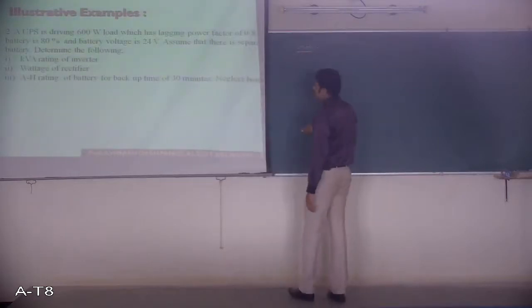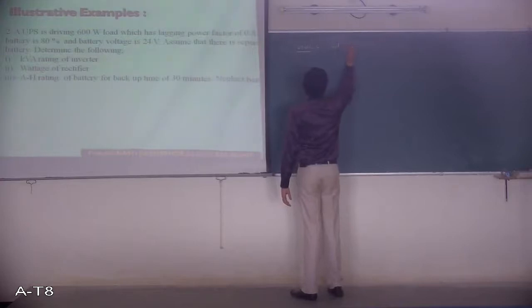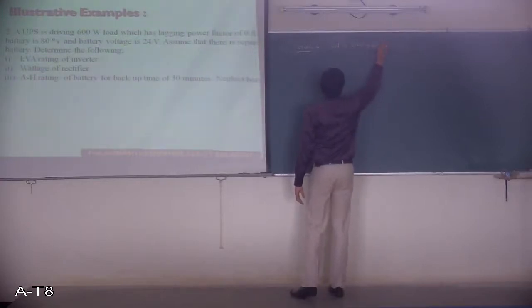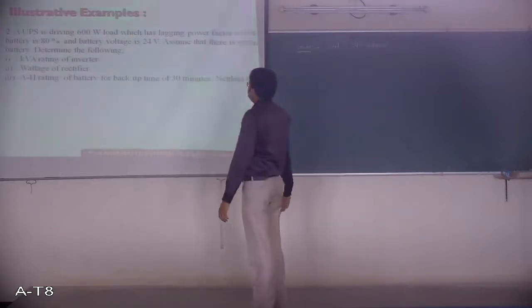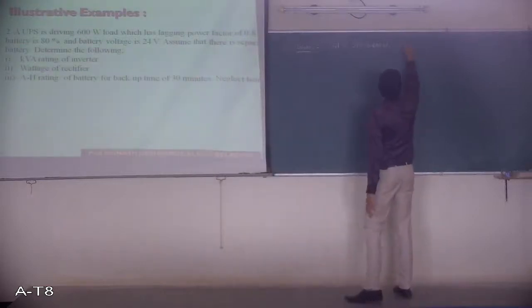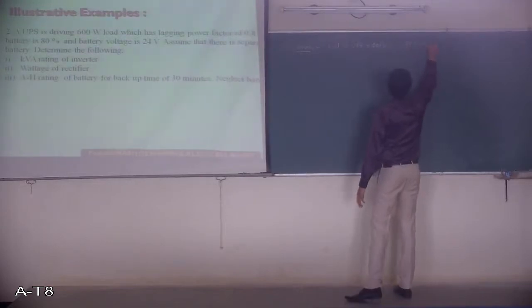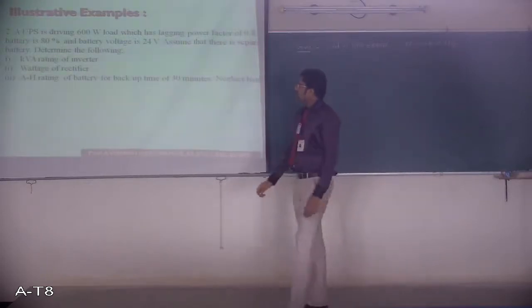Load on UPS is 600 watts. This is mentioned, and it has a lagging power factor of 0.8. So power factor is also mentioned, which is nothing but cos phi, and it is given that it is 0.8 lagging in nature.